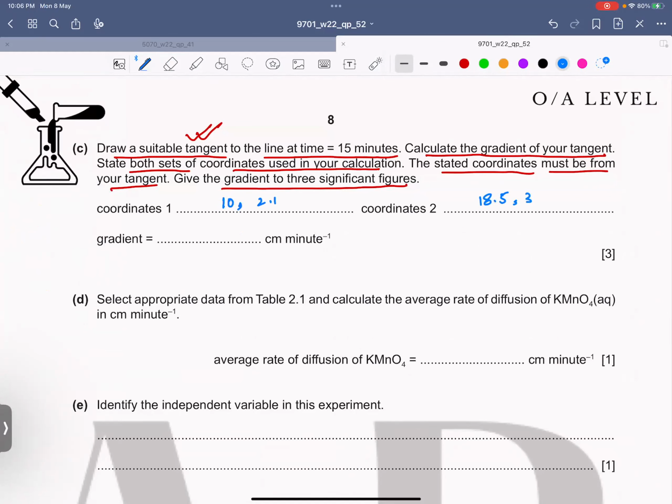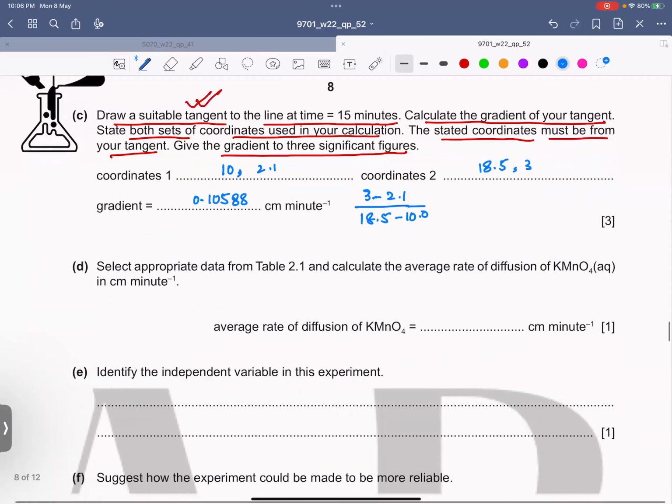Can anybody calculate the gradient, please? Three minus 2.1 and 18.5. 0.10588. Okay, so this is the gradient.